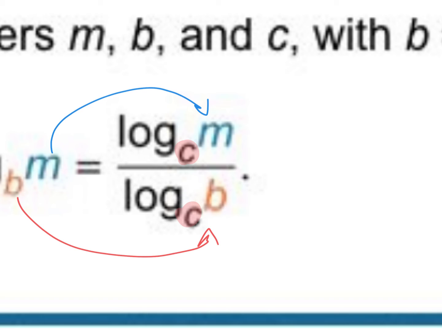We always call this base 10, our common log, because if it's 10, we can put it in our calculator. It doesn't matter what that base is as long as it's the same thing. So c just has to be the same thing. So this would be log of m divided by log of b. And we can put each one of these into our calculator and divide. So this is our change of base formula to help us evaluate logs.